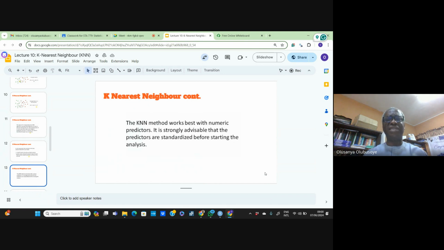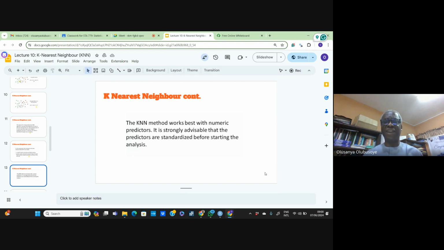So the K nearest neighbor works best when you are dealing with numeric predictors, predictors that are quantitative. In other words, the features, the explanatory variables, or the independent variables, if they are numeric.